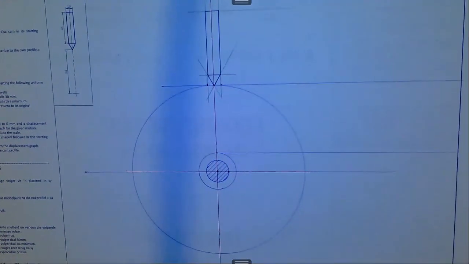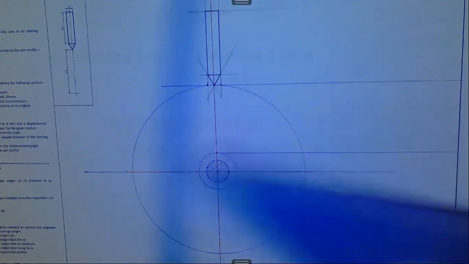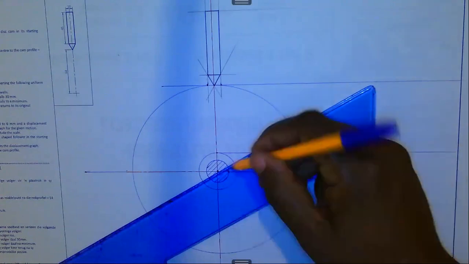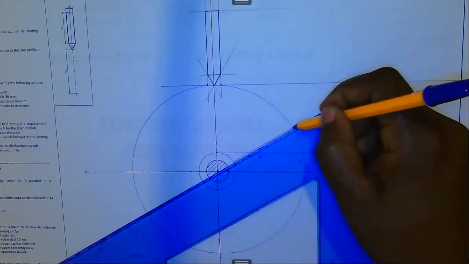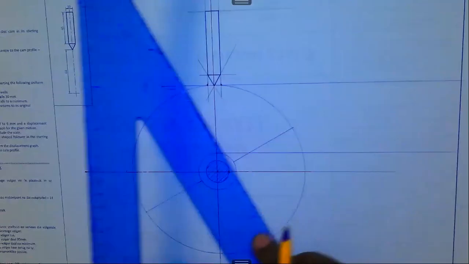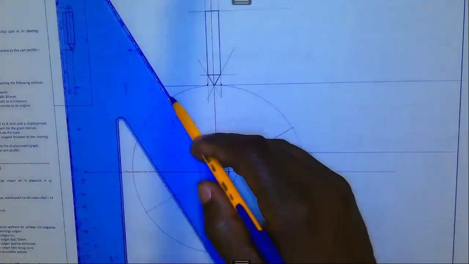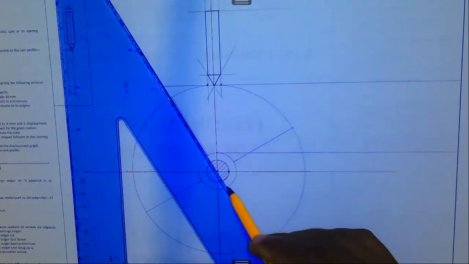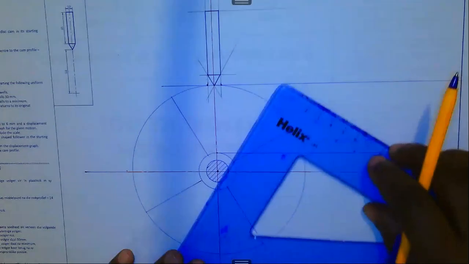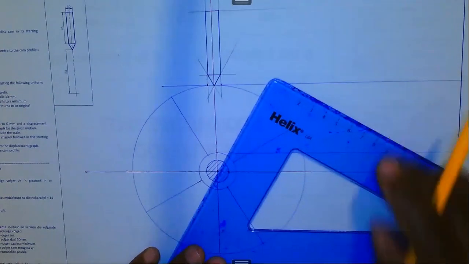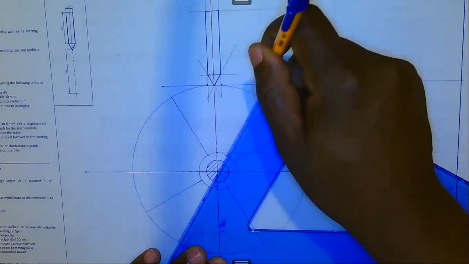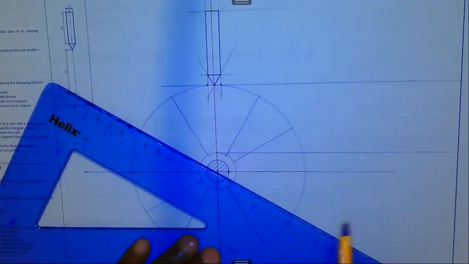Then from there you can divide this one into 12 equal parts. Do not use the space in between the camshaft and the minimum diameter. Faintly.